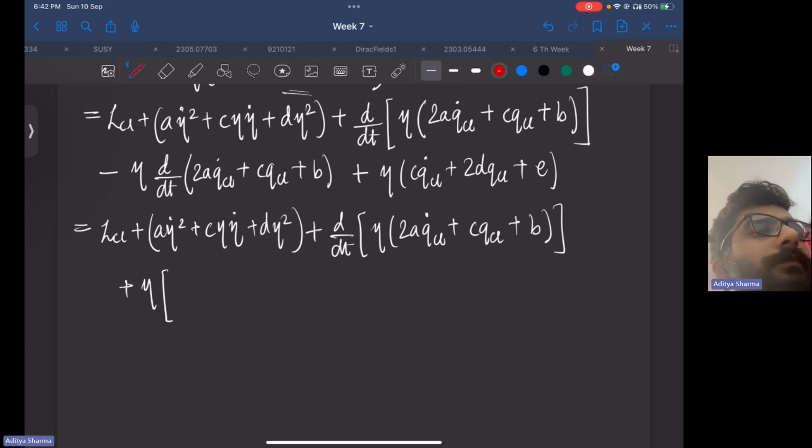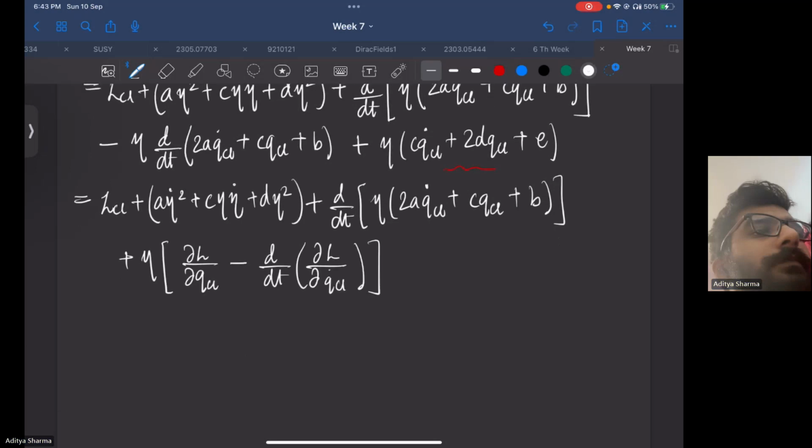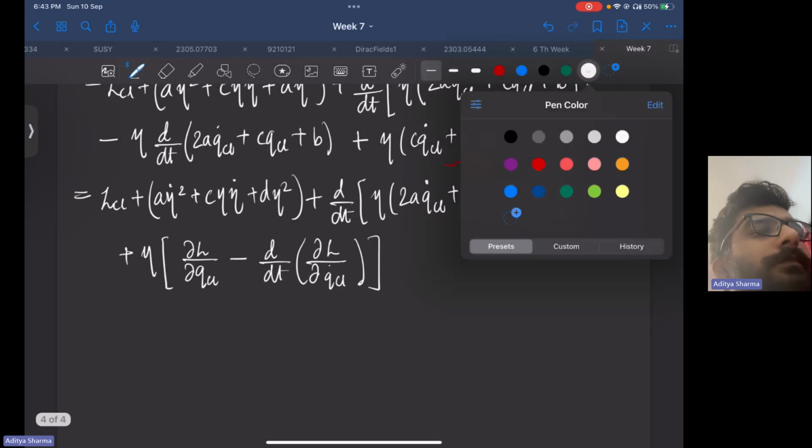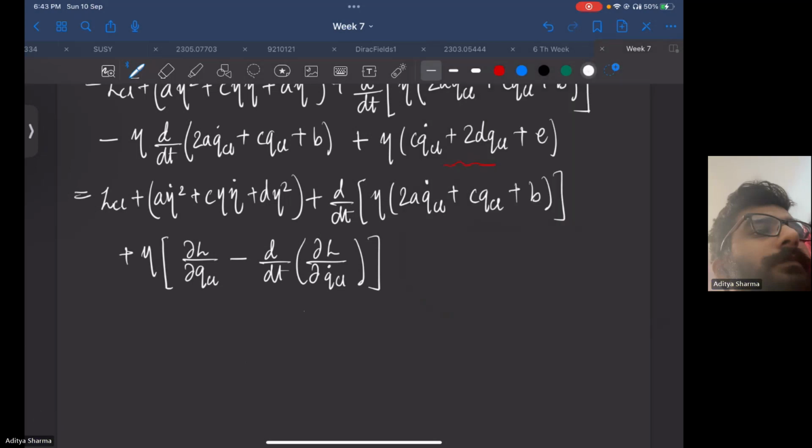If I put η together, this term is nothing but ∂L/∂q classical, and I'm going to put minus d/dt of ∂L/∂q dot classical. Okay. This I have written before. So this equation is satisfied.